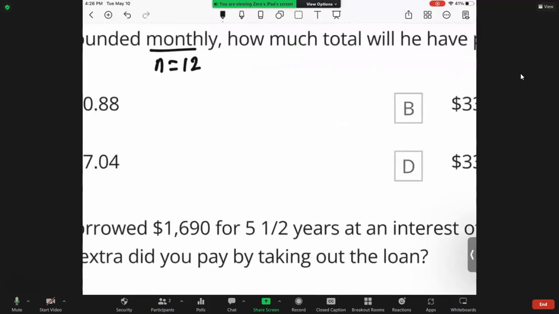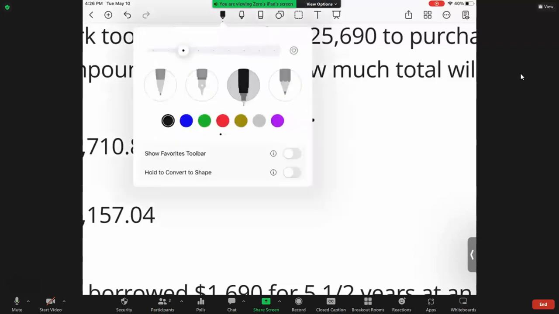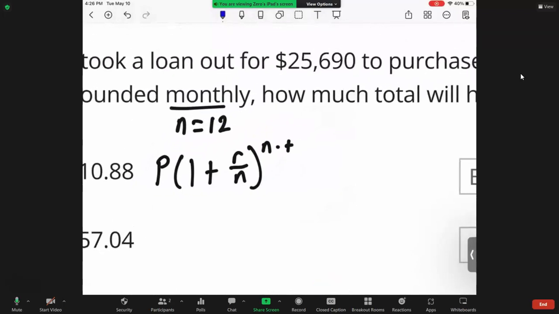Okay. The formula that we need is P times 1 plus R divided by N, and then N times T. P is how much he put down, right? How much did he put down? He put that much down, 25,690.